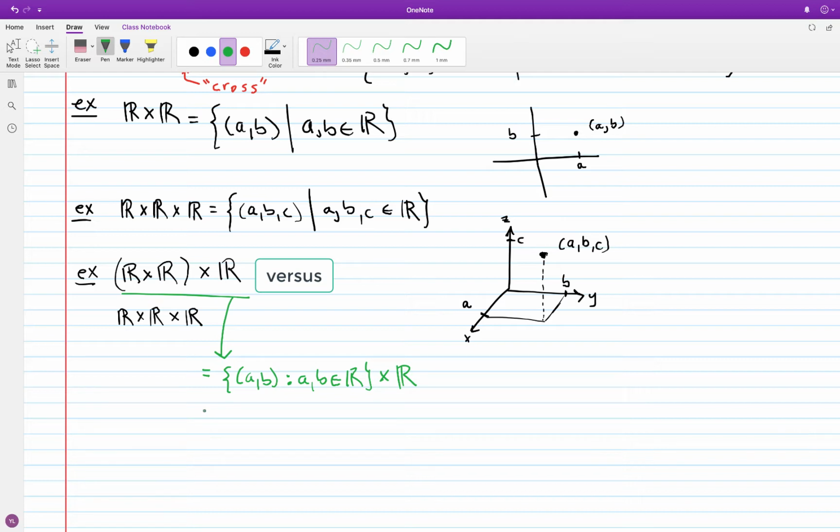If you're going to expand this, if you're going to write down what's actually here, this is going to be a collection of ordered pairs, or 2 tuples, one of which is taken from here and one of which is taken from here. So I'm going to make 2 tuples like this. Then I have to take an element of this set and put it in the first slot, and an element of that set and put it in the second slot.